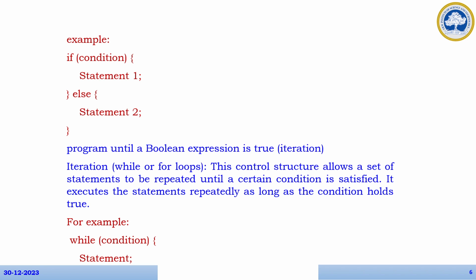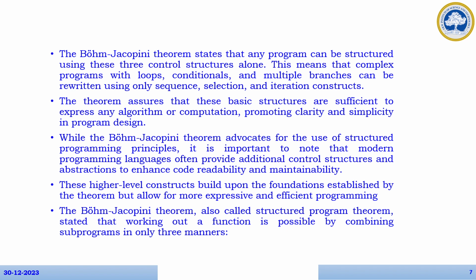The next part of the Bohm-Jacopini theorem is iteration. This control structure allows a set of statements to be repeated until a certain condition is no longer satisfied. It executes the statements repeatedly as long as the condition holds true. For example, while condition, statement. This is about the Bohm-Jacopini theorem.